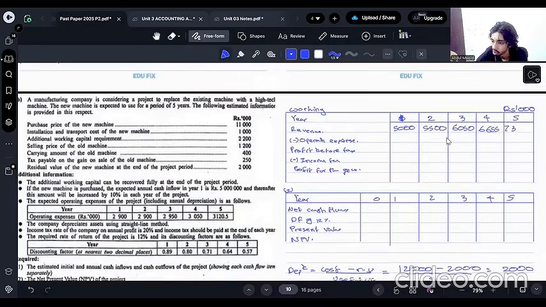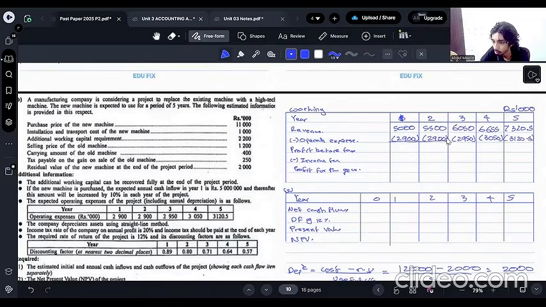Now, when you're finding the profit, you can deduct the entire operating expense, including depreciation: 2,900, 2,900, 2,950, 3,050, 3,120.5.